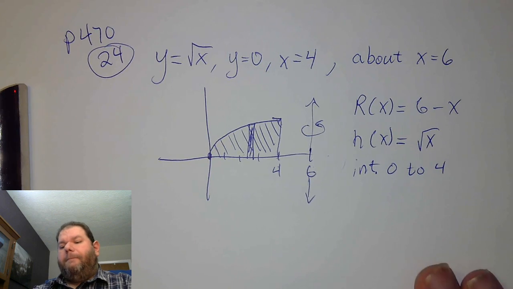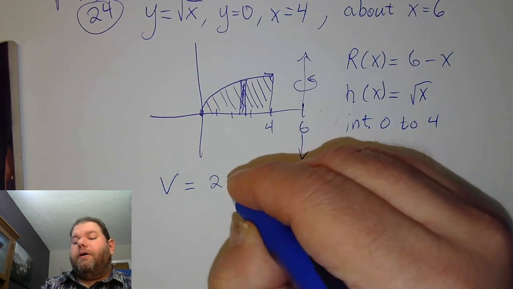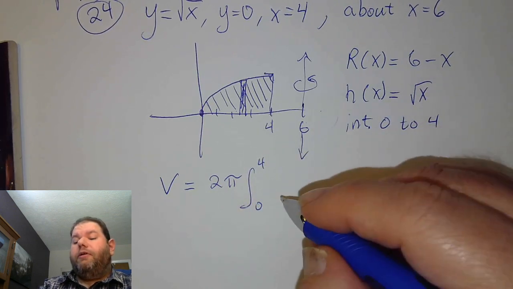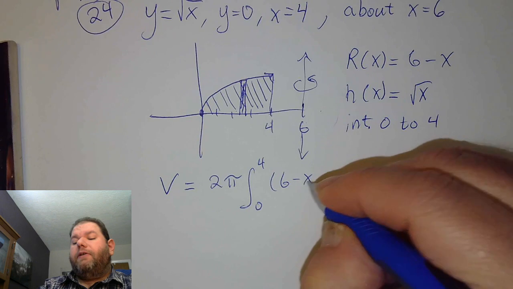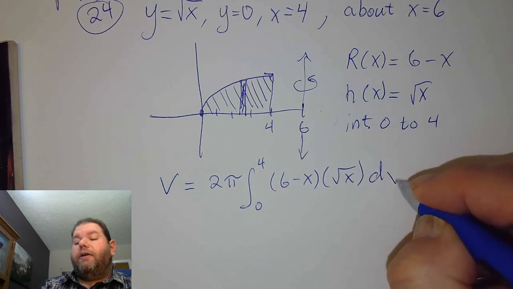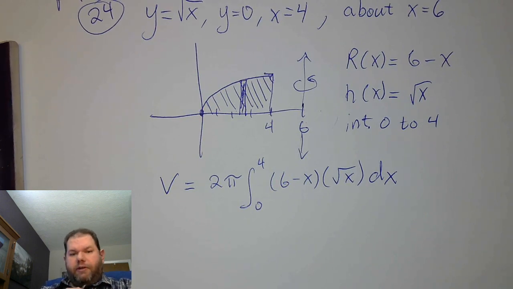So our volume is 2 pi integral 0 to 4. We have 6 minus x times the square root of x dx. And that is the proper setup for our volume by cylindrical shells in this case.